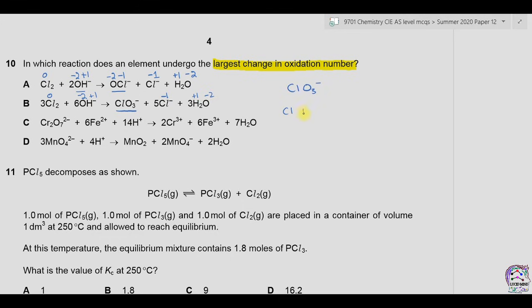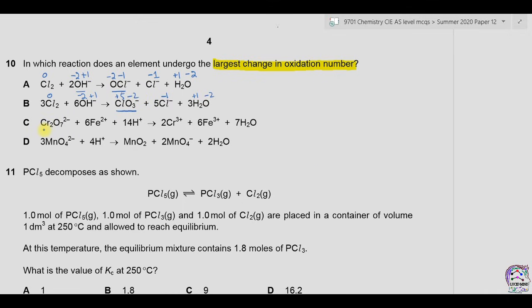So we know that the oxidation state of oxygen is -2. There are 3 oxygen atoms, so the total charge is -6. Overall charge is -1, so chlorine is +6 -1 = +5. So we have +5 charge for chlorine atom and -2 for oxygen atom.